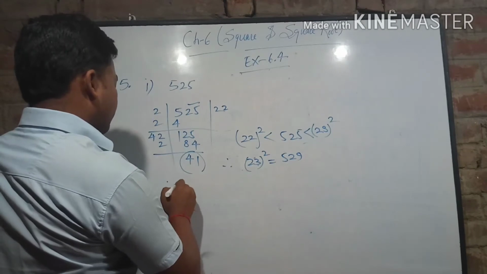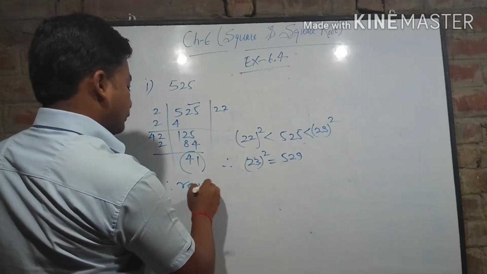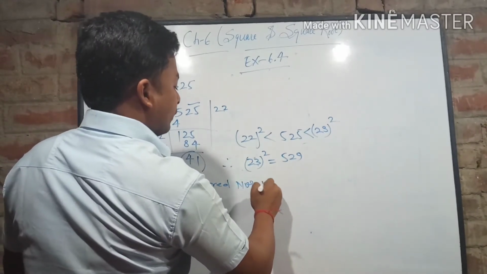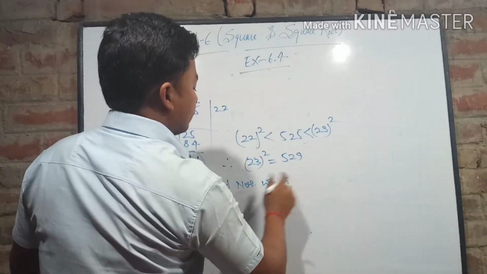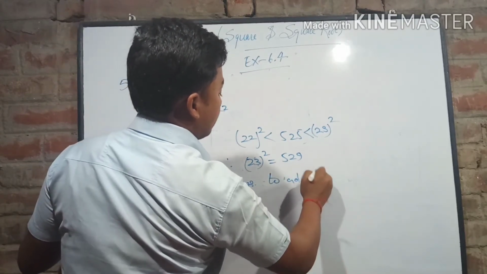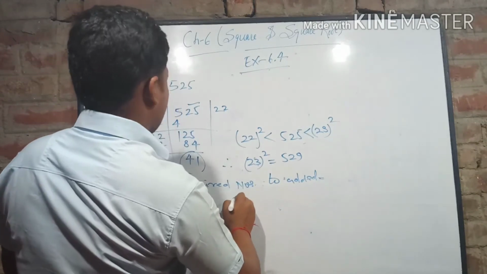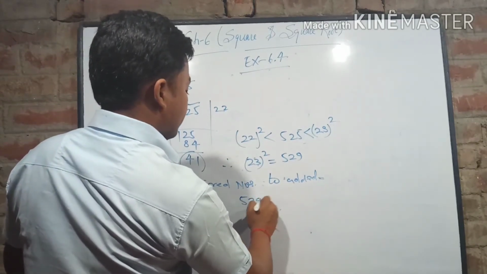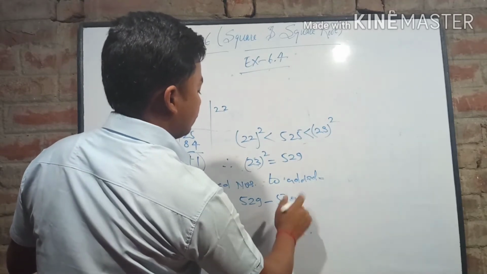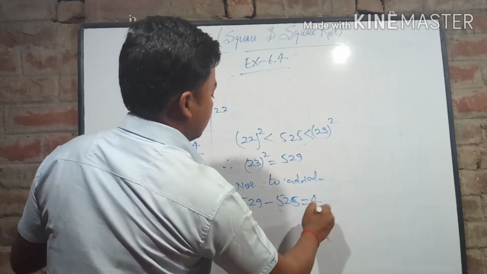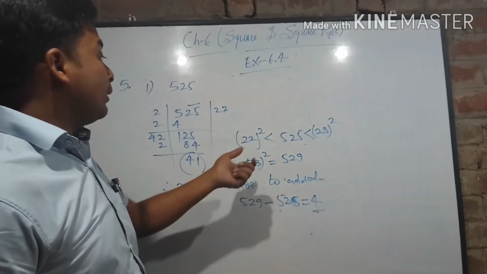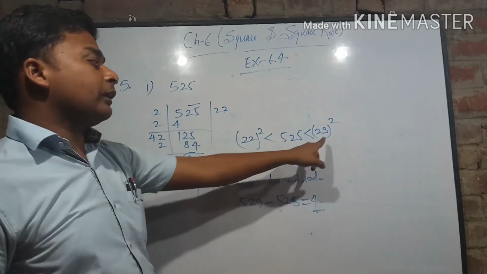So the required number to be added is equal to 529 minus 525, that is equal to 4. This is the number, and what is our final result of the new number when we add 4? That will be nothing but 23.